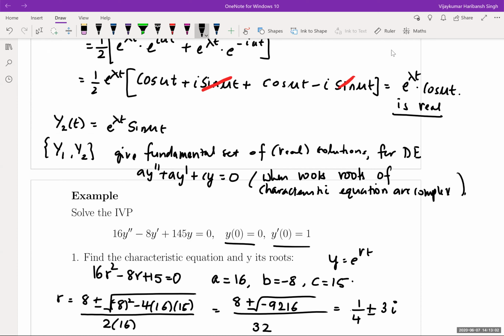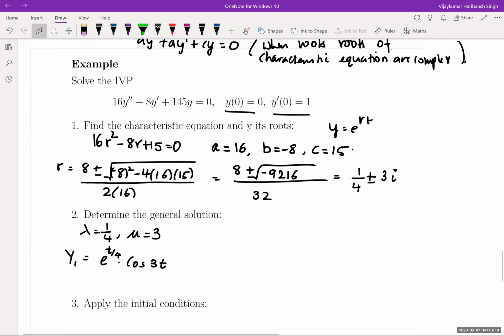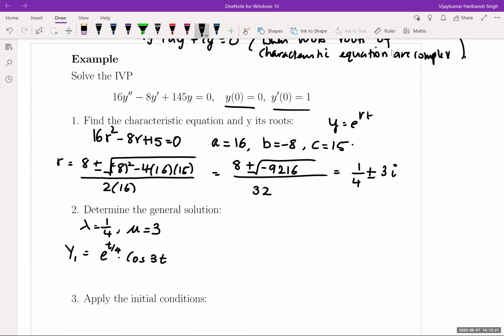If you look at this here, y1 is this. So e to the power lambda is 1/4 and mu is 3. And that's why the solution is e to the power t by 4 times cos 3t, and y2 equals e to the power t by 4 times sine 3t.